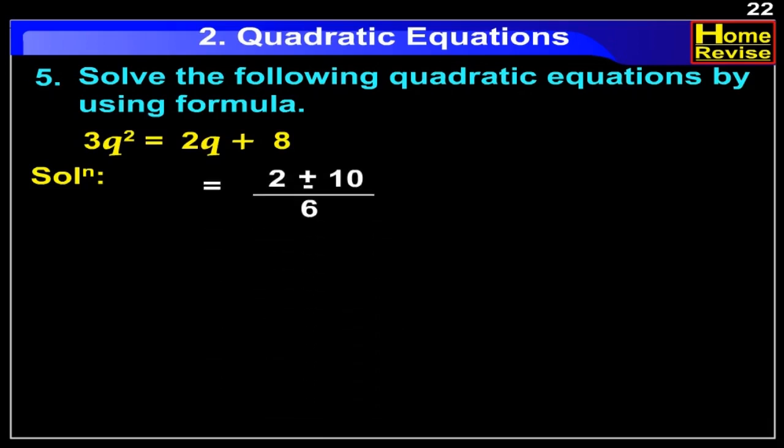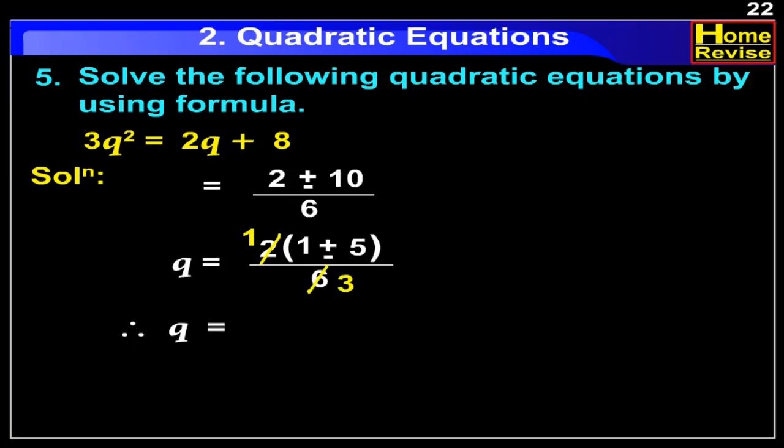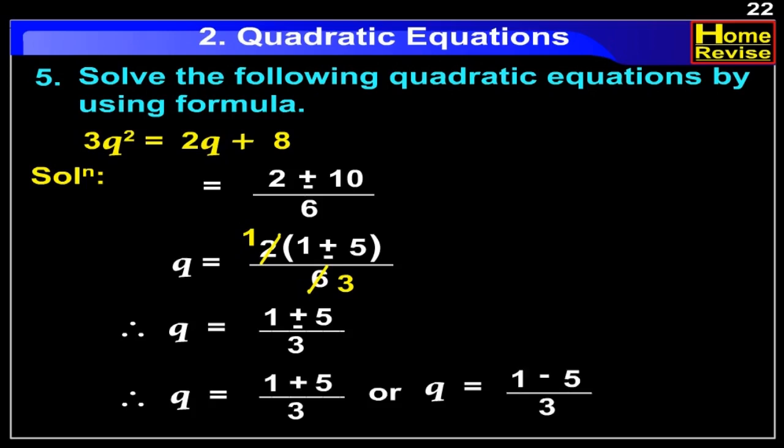Taking out 2 common, we have q = 2(1 ± 5) / 6. 2 ones are 2, 2 threes are 6. Therefore, q = (1 ± 5) / 3. Therefore, q = (1 + 5) / 3, or q = (1 - 5) / 3.